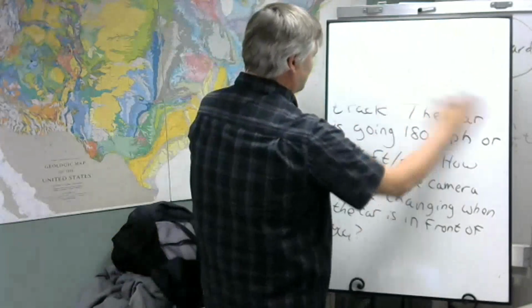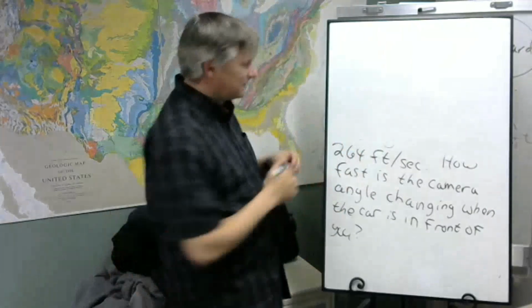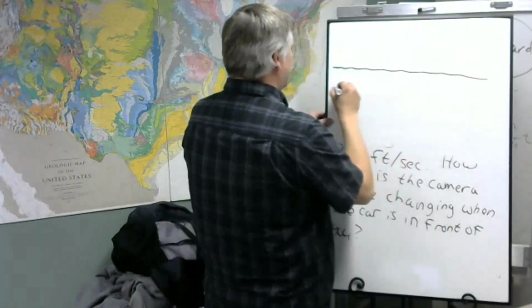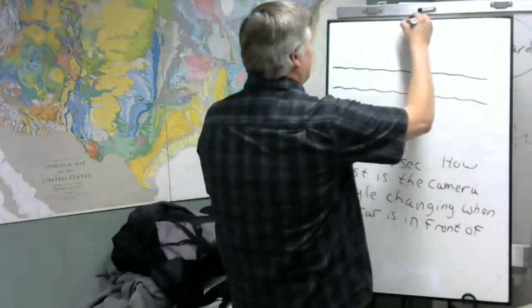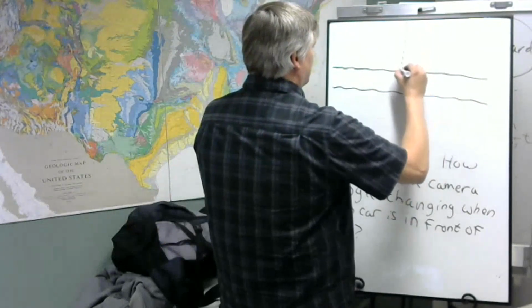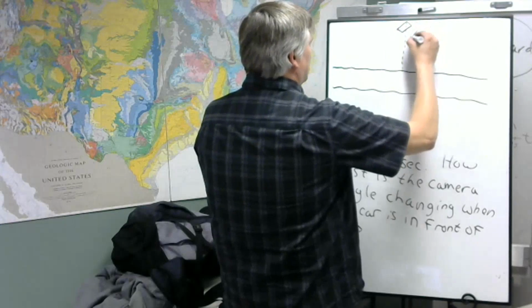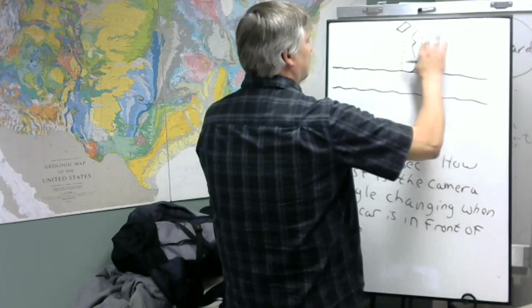This might help. So here's your racetrack, and the picture they actually give you in the text is something like this. This is the distance, 132 feet.